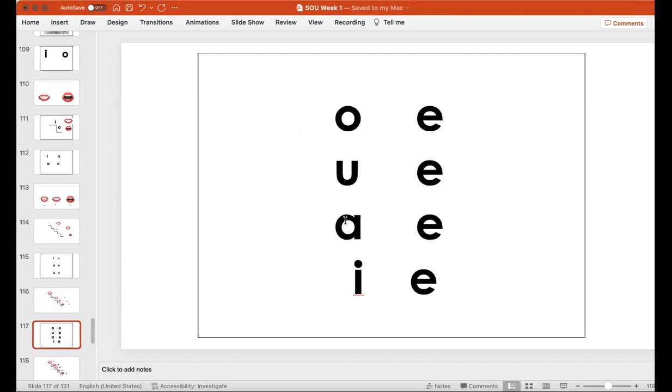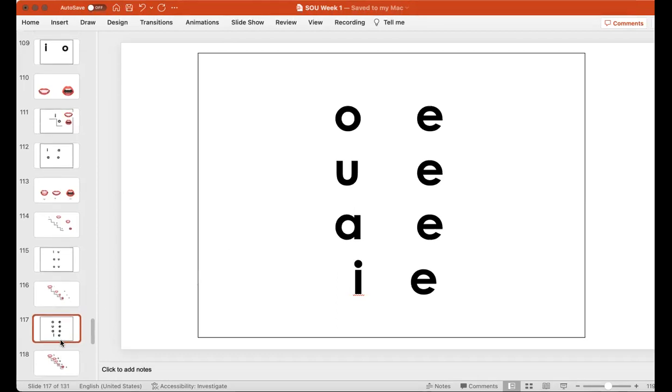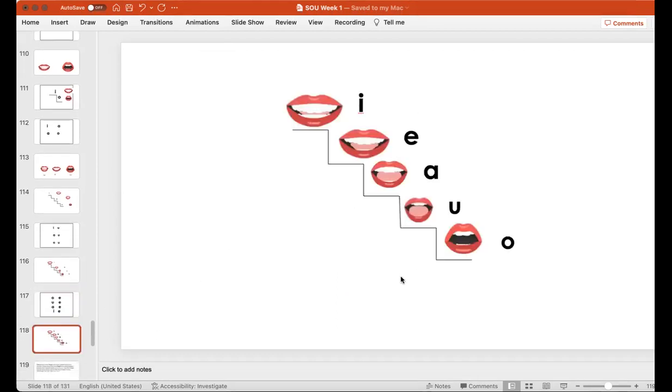I agree. It seems like A is more open. I agree. Now let's go. Which is more open? The E. Okay, so the E is going to go between the I and the A on the staircase.